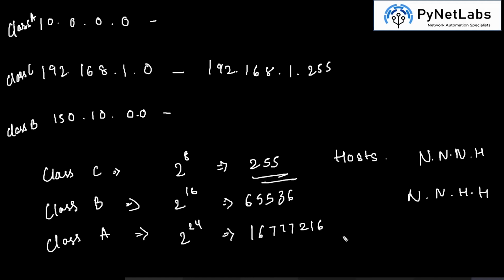These are the number of hosts available in a class A IP address, and those are the number of hosts available in a class B IP address. Yes, correct, Shubham, I was about to say that. So the number of hosts for class A is something near 16 million. And how does that work? We will understand that first.